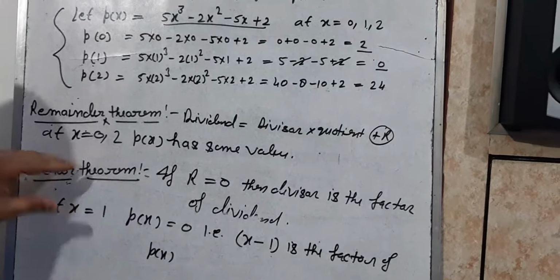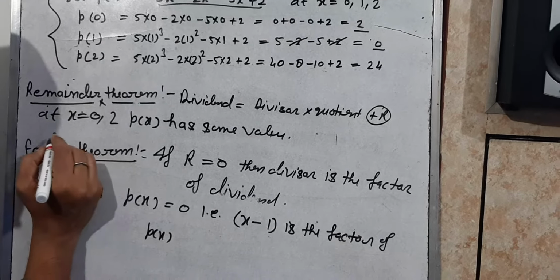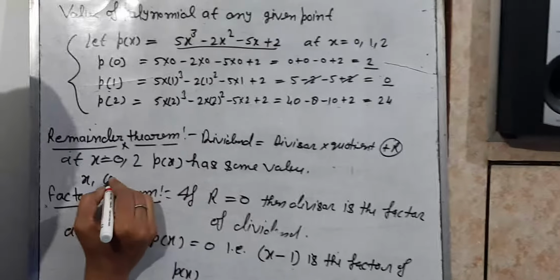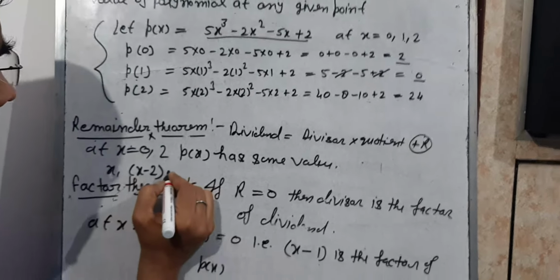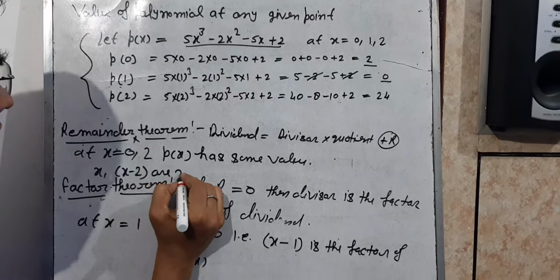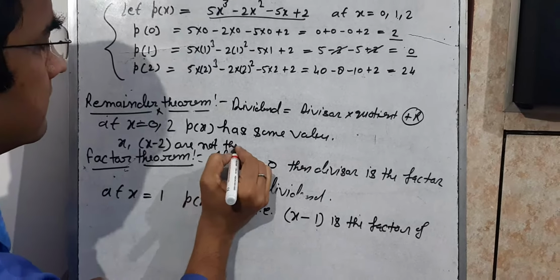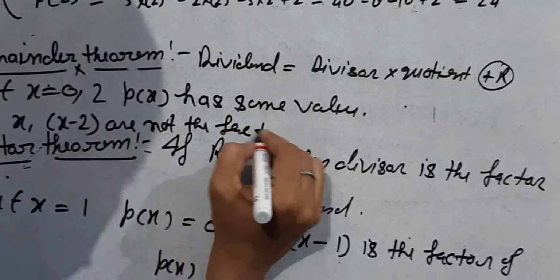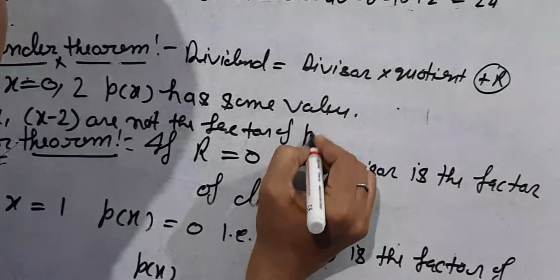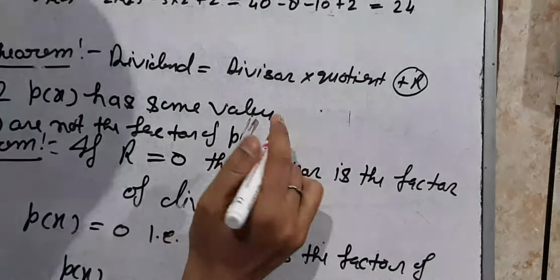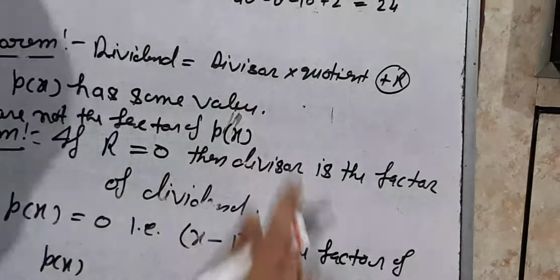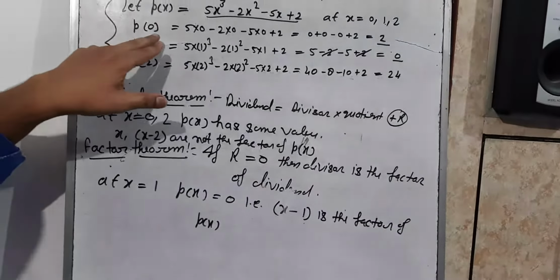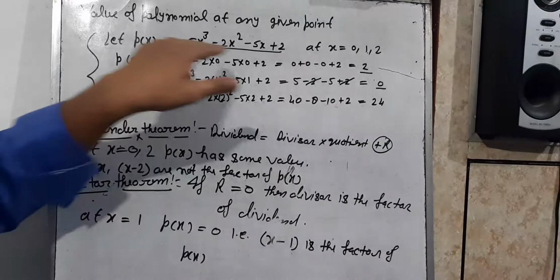Here x and x minus 2 are not factors of p(x). Putting x equal to 0, value is 2.